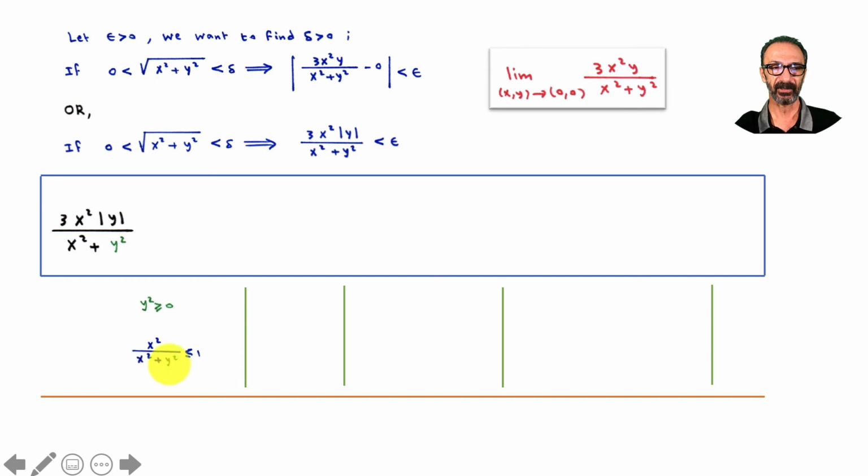And if it has some number in it, like 0.001, that means the denominator has more than the numerator, so it ends up less than 1. So keep this in mind. This right here is less than 1, which means this whole package is less than or equal to 3 times 1 times the absolute value of y.